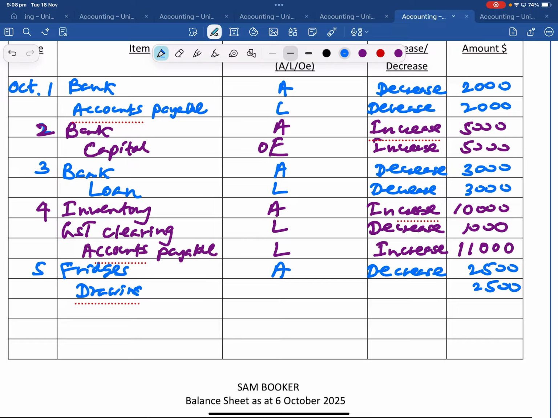Decrease drawings, what happens? Negative owner's equity increase. Negative owner's equity is increasing. Okay.